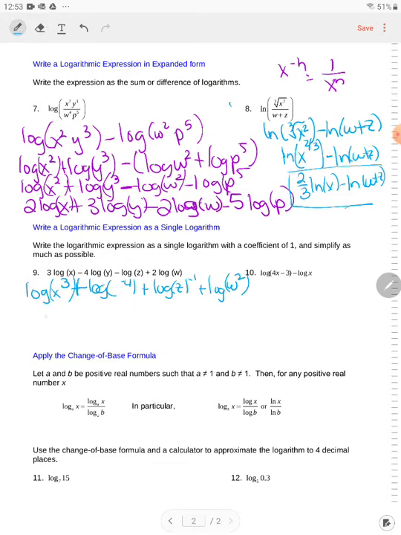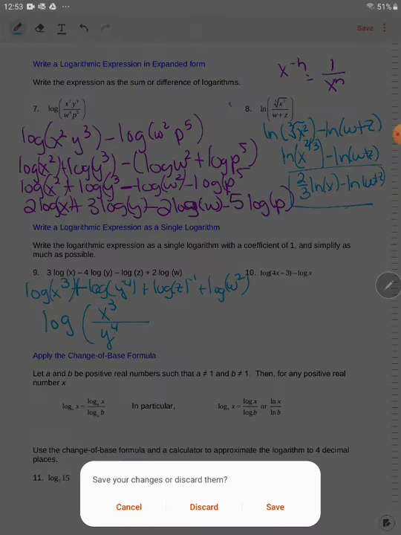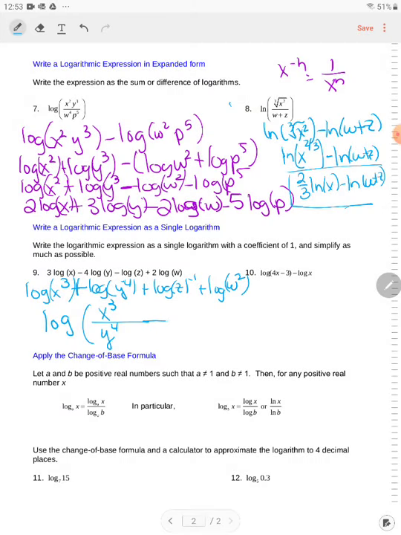So one more time, that's log of x to the 3rd. Okay, because the y has a negative exponent due to the minus sign, you have y to the 4 in the denominator. You have z to the negative 1, it also goes in the denominator, and w squared goes in the numerator.